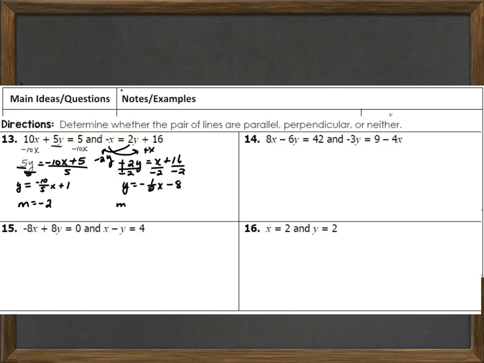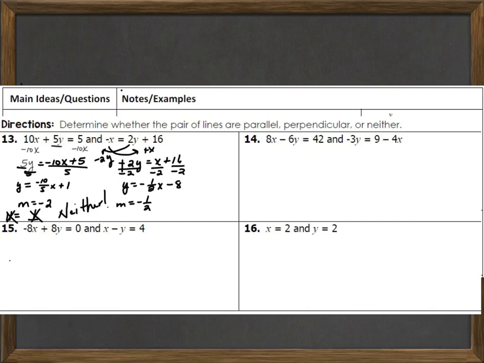So the slope is negative 1/2. If it's parallel, and the symbol for parallel is this, they would have to be the same, and they're not. So they're not parallel. If they're perpendicular, they would have to have different signs, and they're both negative. So it's not either one of those. It is neither.